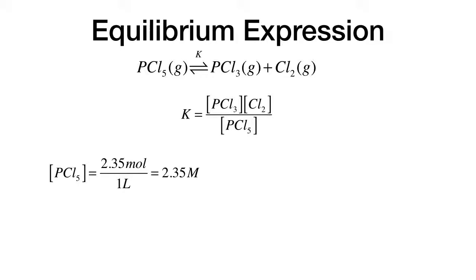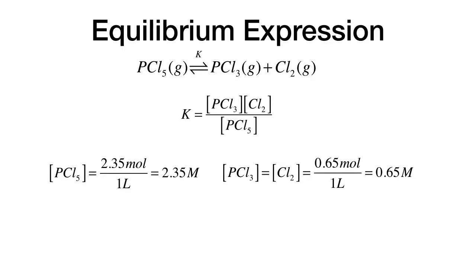So the concentration of PCl5 is 2.35 moles of PCl5 divided by 1 liter volume equals 2.35 molar. For PCl3 and Cl2, they each are 0.65 moles divided by 1 liter volume to get 0.65 molar.